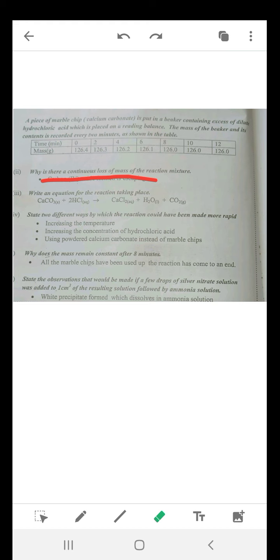Then, state the observation that will be made if a few drops of silver nitrate solution were added to 1 cubic centimeter of the resulting solution, followed by ammonia solution.